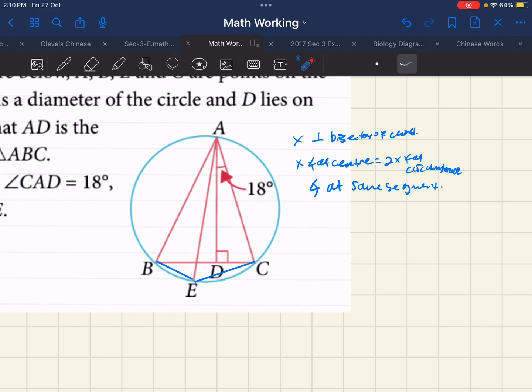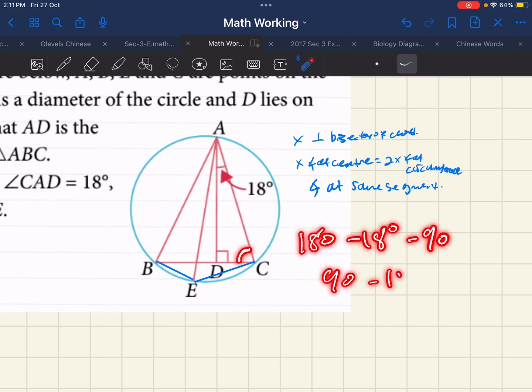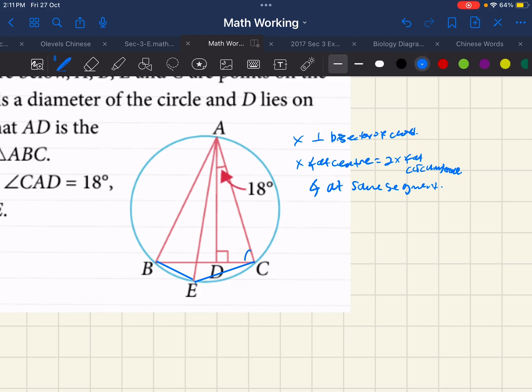And by angle sum of triangle, this angle is 180 minus 18 minus 90, so it's actually just 90 minus 18, which is 72. So this angle is 72 degrees. I will label it down. Remember to write your reasoning: angle sum of triangle. 72 degrees.